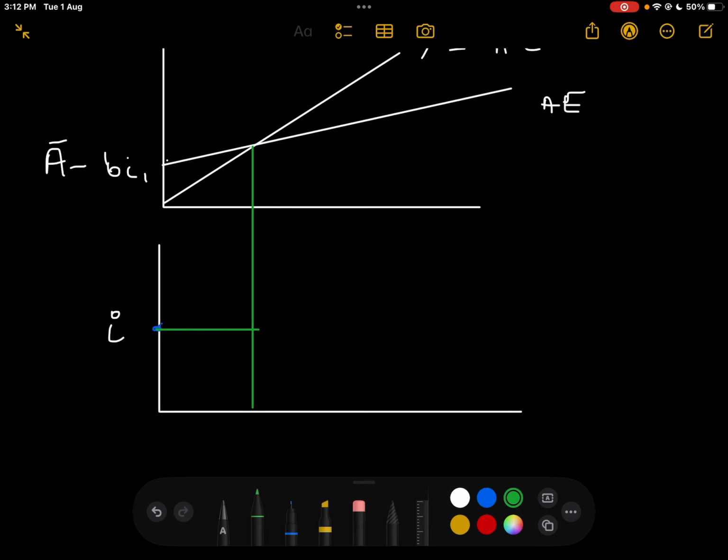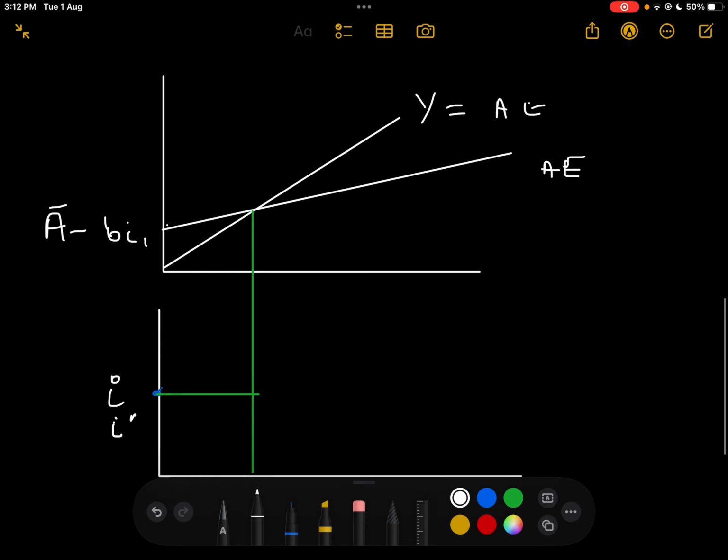Now let us consider that our interest rate falls. So if our interest rate falls, we studied just now that the investment and the interest rate are inversely related, so if the interest rate falls, then the investment will increase. Now because of the increase in investment, we are sure that this intercept A bar minus bi1 will also increase, because our investments are increasing, so this component also must increase.